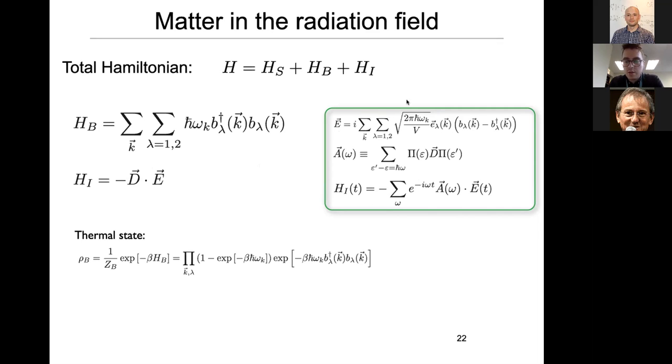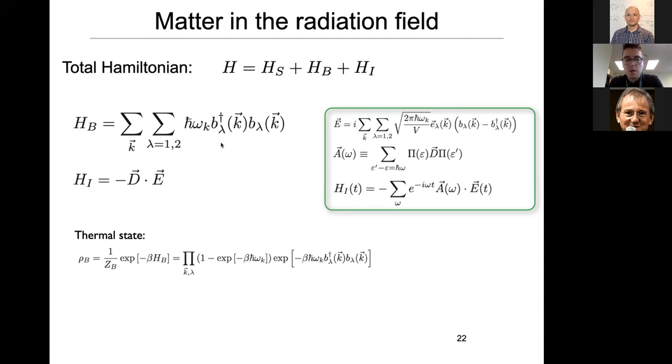Again, this draws from the theory of light-matter interactions, but we can represent this electric field in terms of these creation and annihilation operators in the following way, where these vectors are the so-called unit polarization vectors, and this V parameter is just the quantization volume that I talked about.